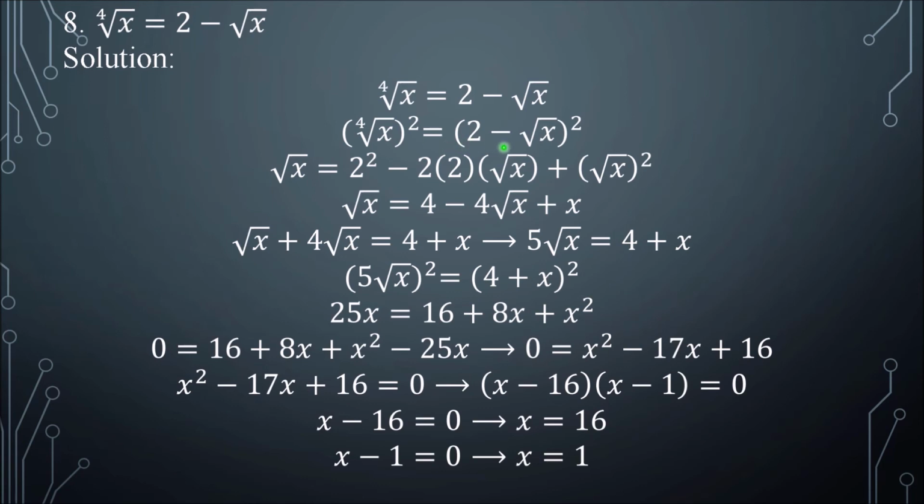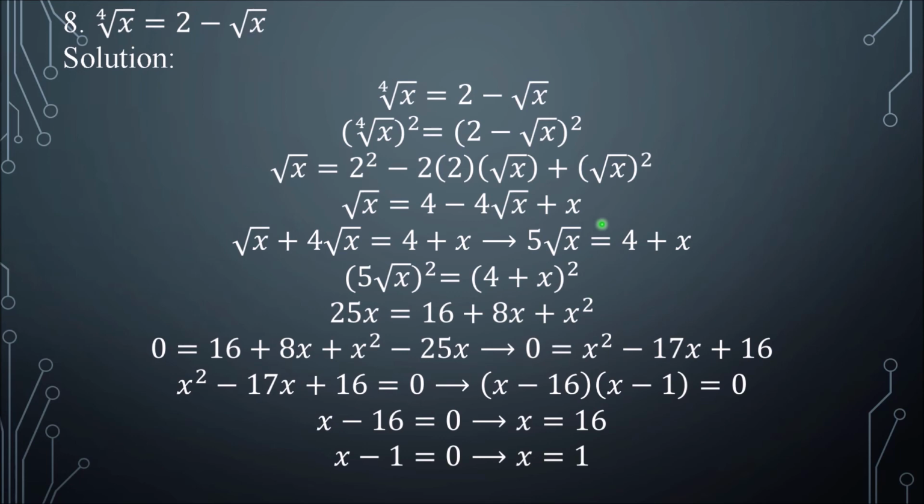Now, this one we will use the square of a binomial: 2 squared, and then twice the product of the first and the second term, 2 times 2 times the square root of x, and then square the last term, square root of x squared.